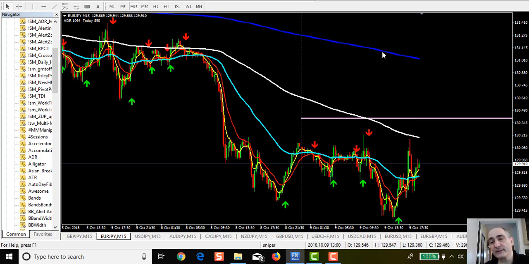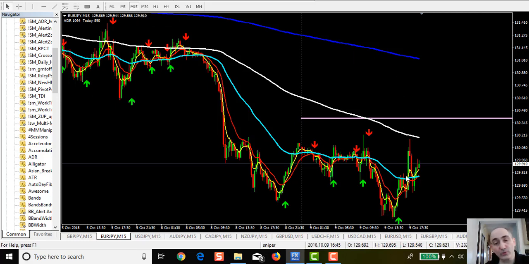I primarily use the 50, 200, and 800 to determine if I should take a trade in a particular direction. So if you see what's lining up right here, how the 200 is below the 800, the 50 is below the 200, which way would you think I would look to trade or scalp this currency on the 15-minute chart?